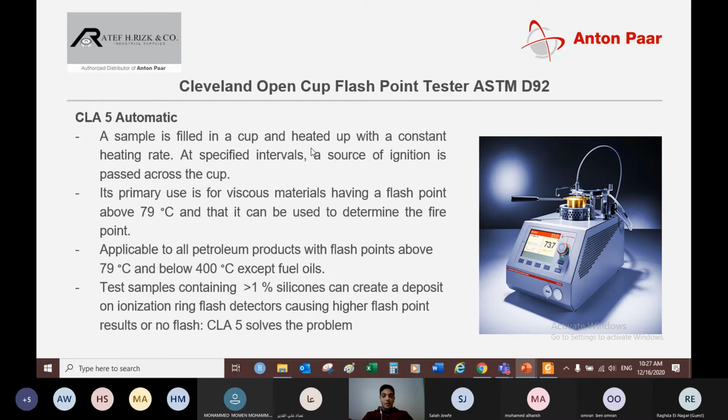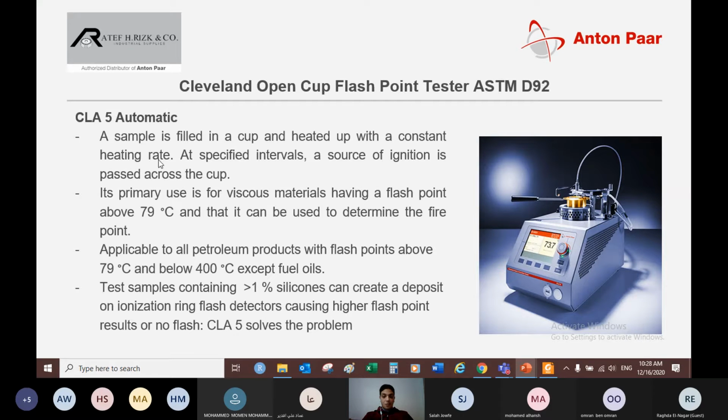The next instrument is for the Cleveland Open Cup flashpoint test, ASTM D92. In Anton Paar we have the CLA5, which is an automatic flashpoint tester, and it measures not only the flashpoint but also the fire point in open cup tests.